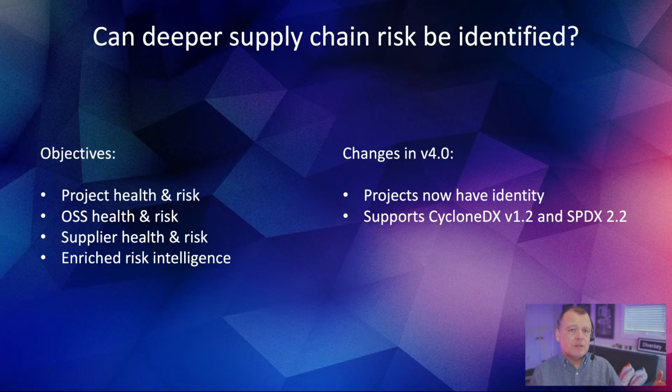Open source project health and risk. Supplier, which could be tied to open source, I guess, but I'm thinking more about commercial suppliers. If I have a commercial supplier, can I also do the health and risk of that supplier? That requires completely different sources of intelligence to gather that, some of them not free.